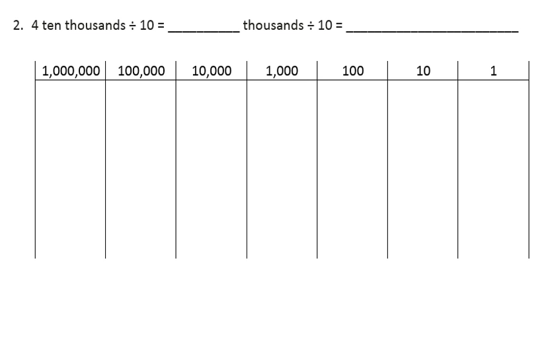Let's look at another example. This time we're taking 4 10,000s and putting those into 10 equal groups. So I'll start by drawing my 4 discs in the 10,000s place to show the 4 10,000s. And again, we can't put 4 discs into 10 equal groups.